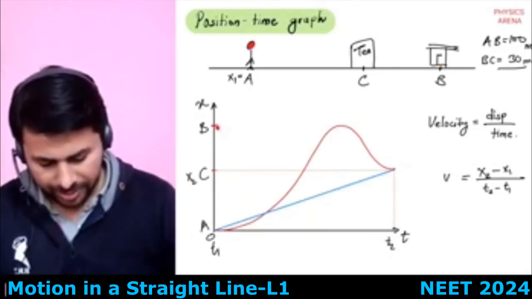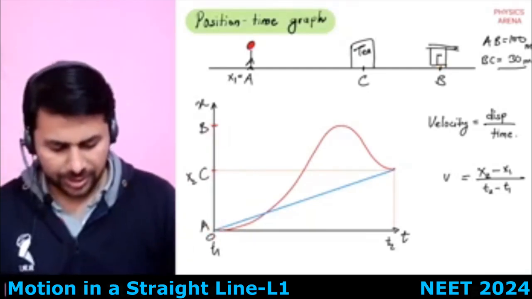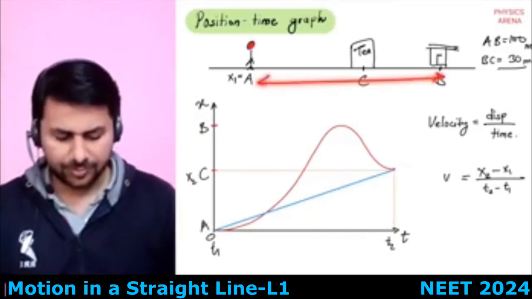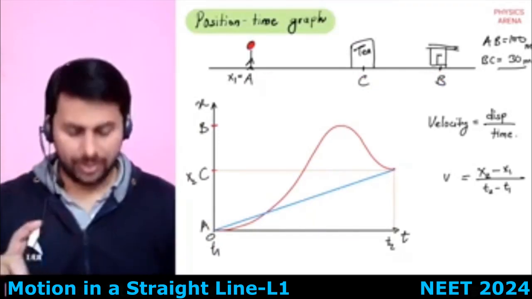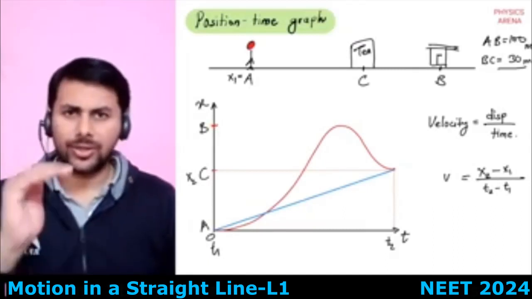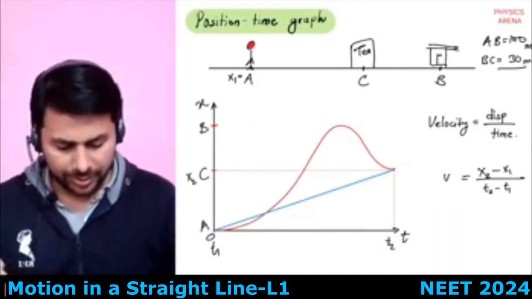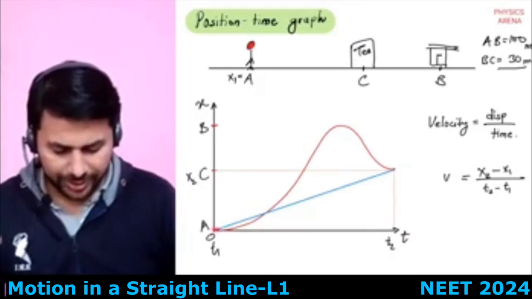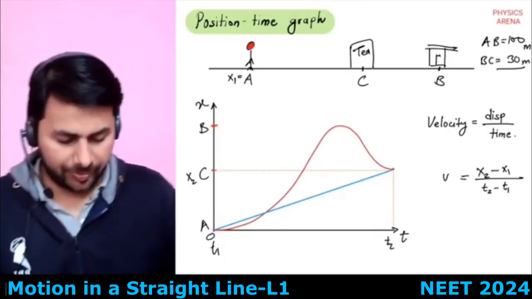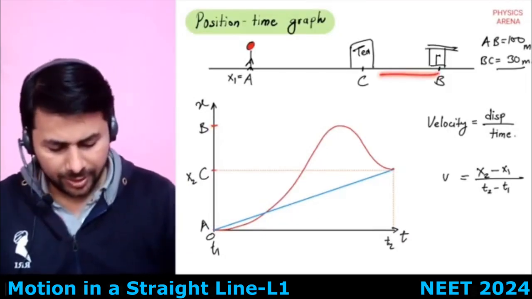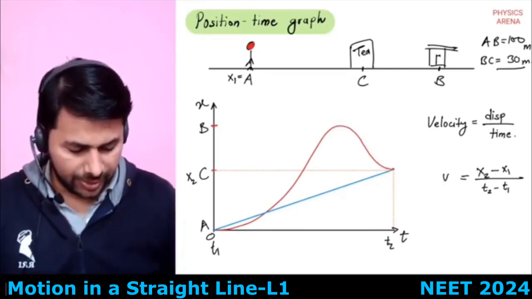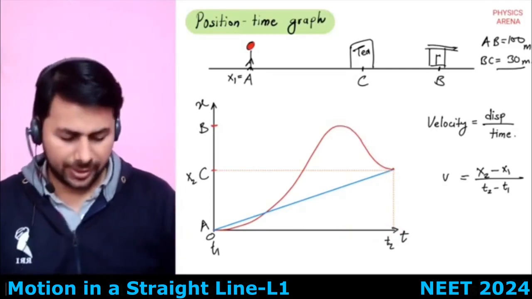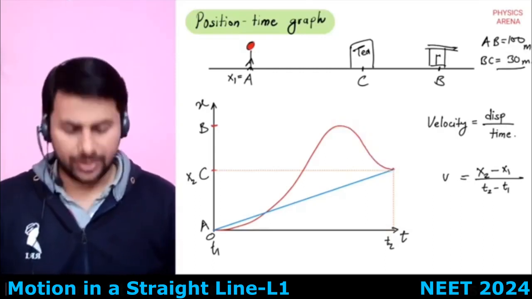The maximum distance would be this much, AB, on the position graph. I start from point A, go to the point B, and then return from there. So you can see the curve falls downwards. Time is still increasing, but this curve falls downwards.